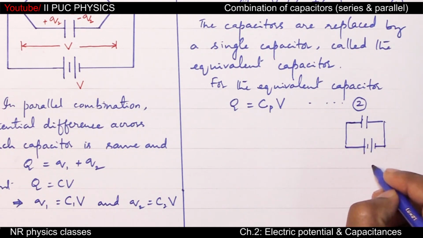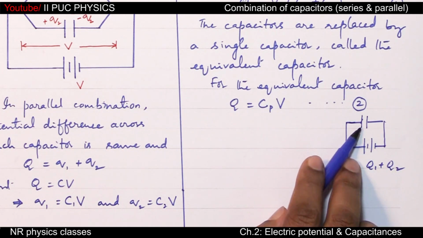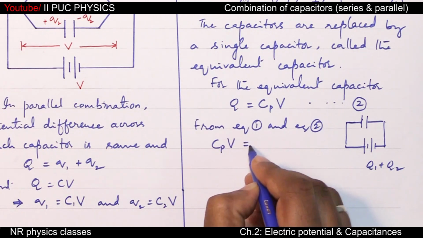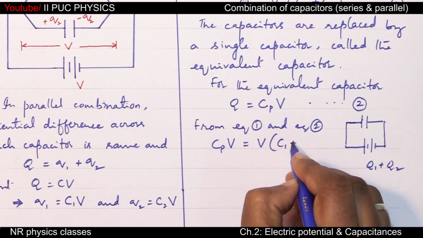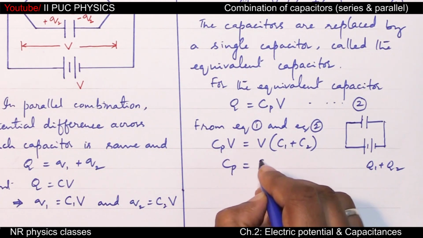That same charge is Q1 plus Q2. Okay. So from 1 and 2, CPV equal to V into C1 plus C2 or CP equal to C1 plus C2.